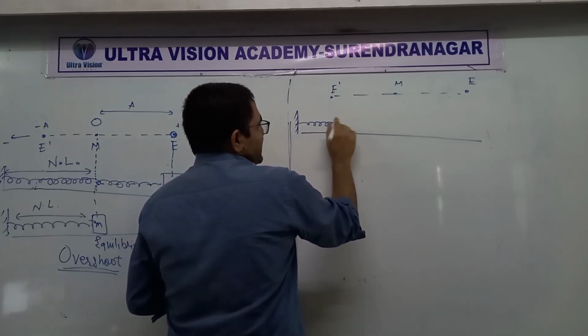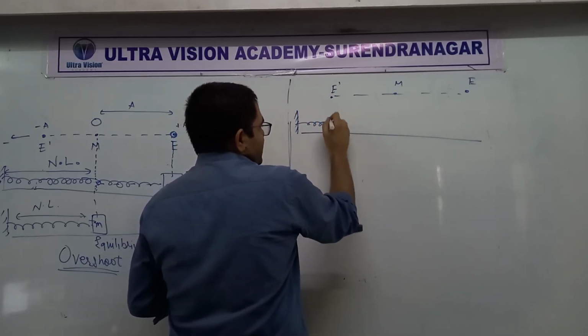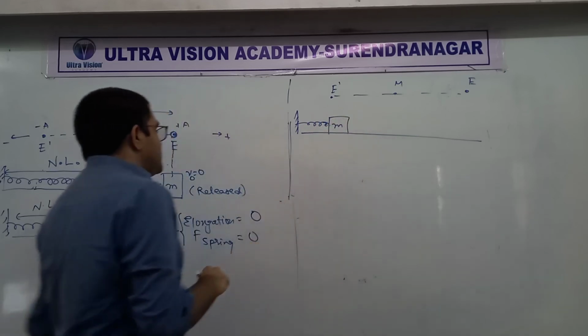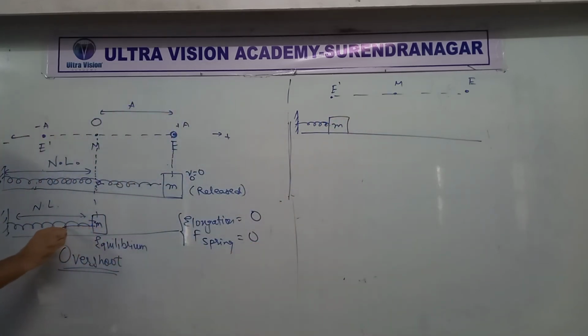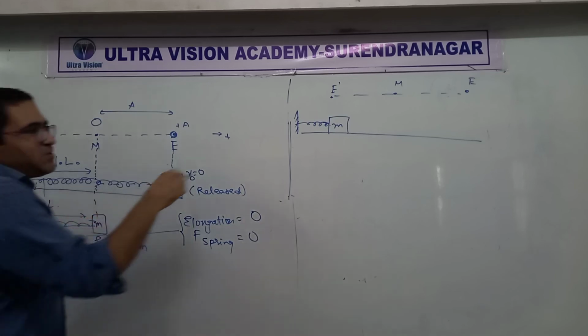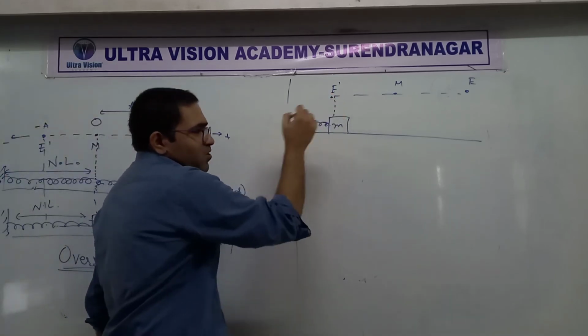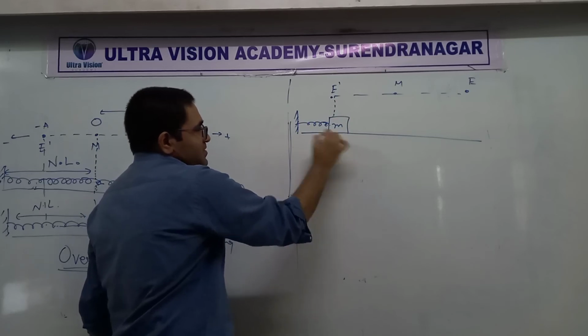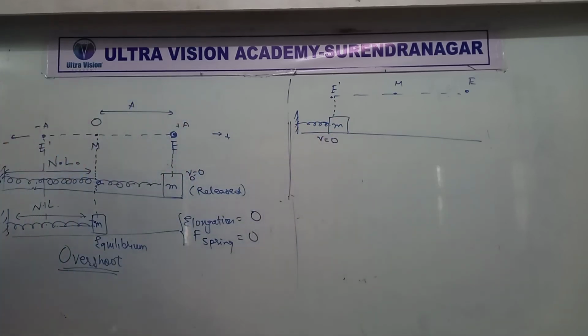Ultimately, as the spring starts getting compressed, the block will move all the way from here up to this point where it will stop. Can you imagine that for one moment here the block will stop? Clear or not clear? Because the spring is pushing it.